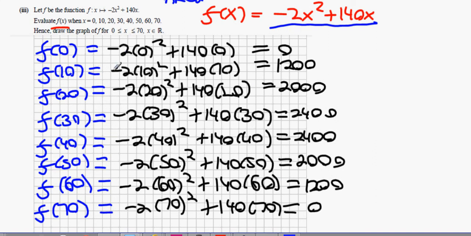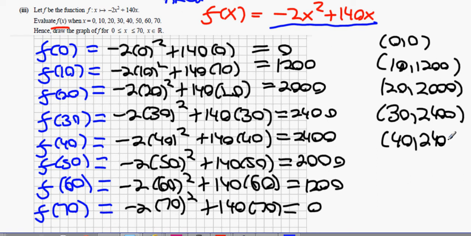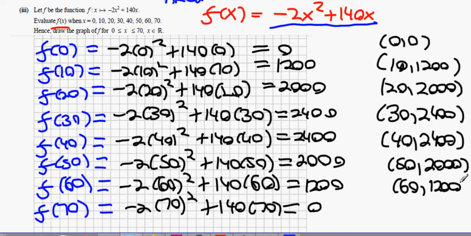So we're just going to write down the points: 0, 0; 10, 1200; 20, 2000; 30, 2400; 40, 2400; 50, 2000; 60, 1200; and 70, 0. Okay, so now we're going to go about drawing this.